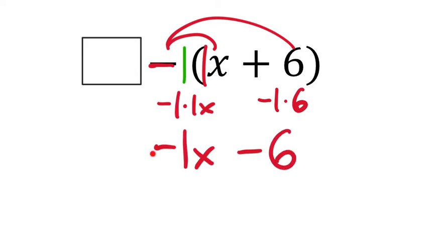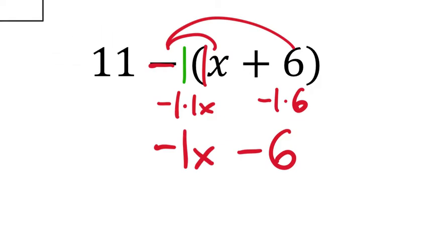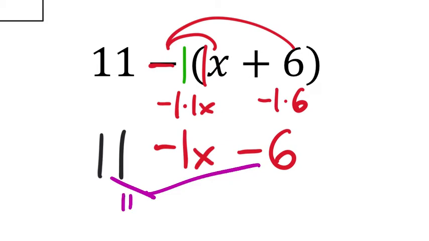Okay, now this is what I get in red just from the distribution. But now, let's move this, and we can see that in the beginning there was the 11 as well. So we got the 11 that I can combine with its like term, the constant negative 6. So 11 minus 6, really, which is 5.